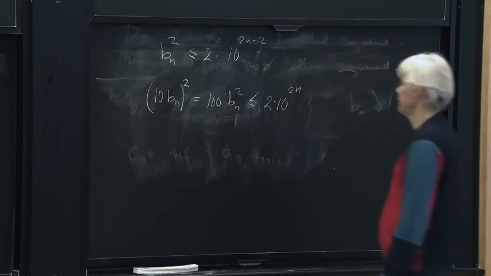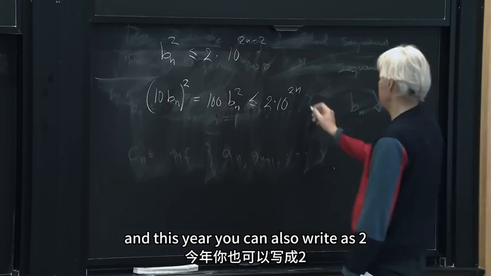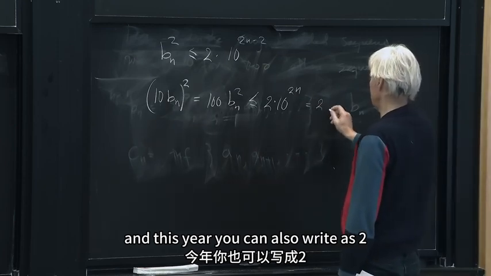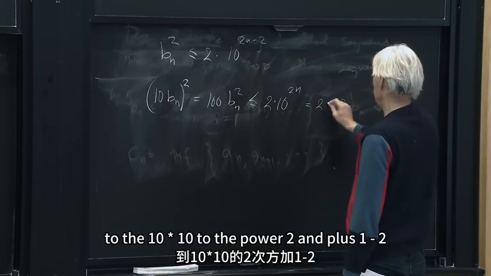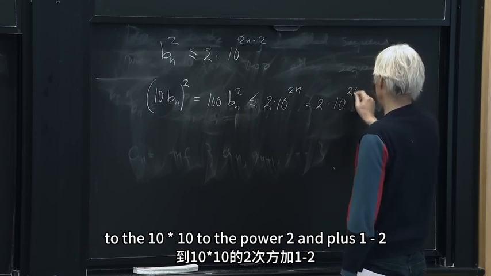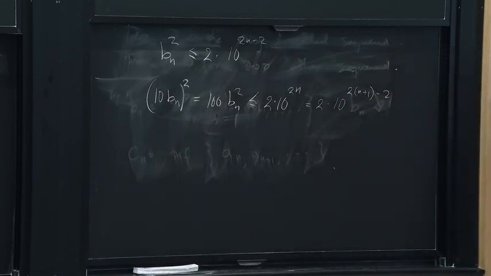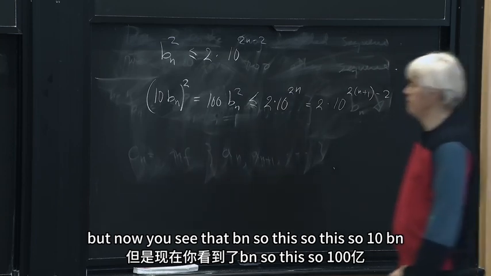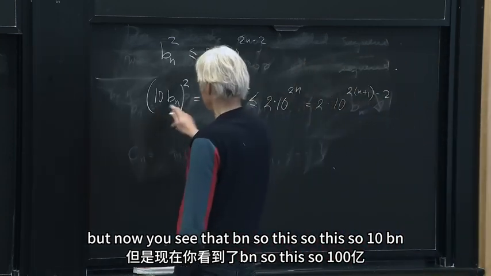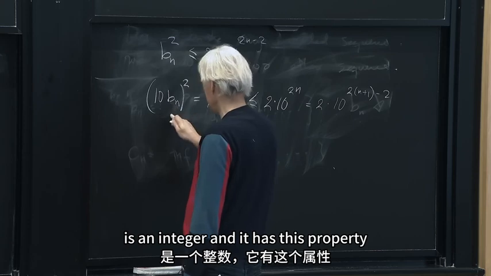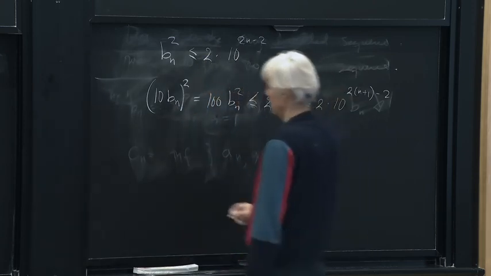And this you can also write as 2 times 10 to the power 2n plus 1 minus 2. But now you see that 10 Bn is an integer and it has this property.